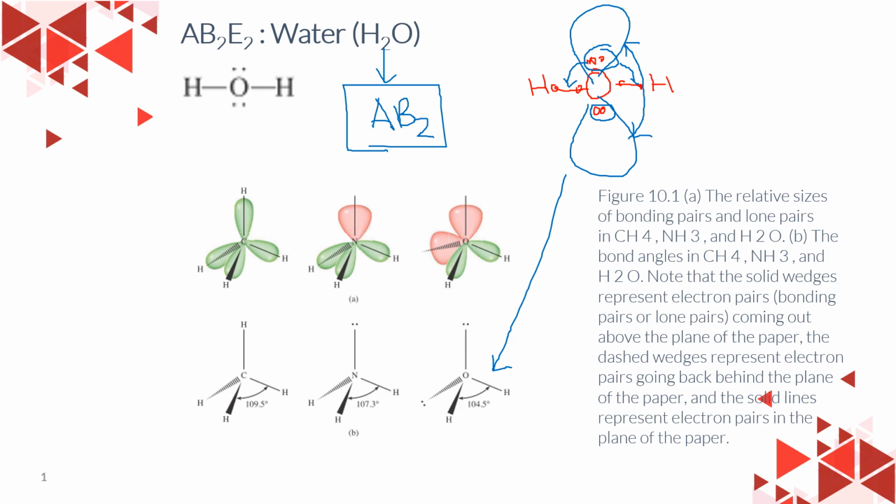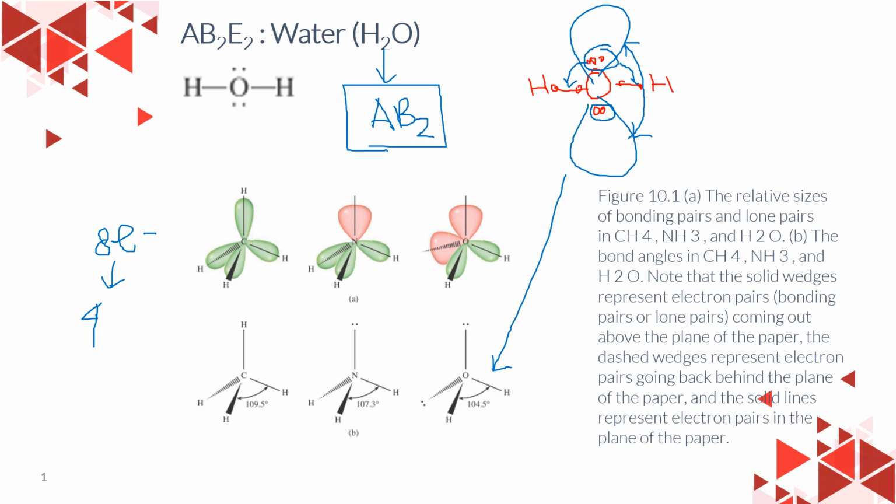Okay, here I have CH4 and NH3. The similarity between methane, ammonia, and water is that the central atom fulfills the octet, which means it has four pairs of electrons, or four directions.